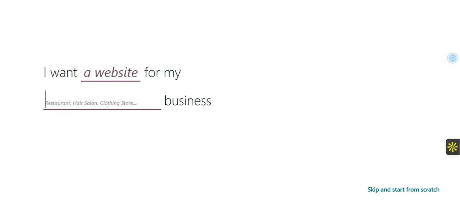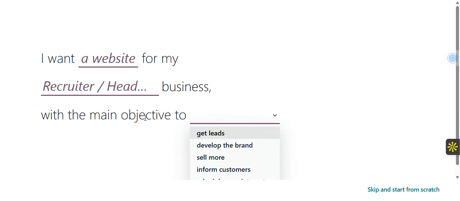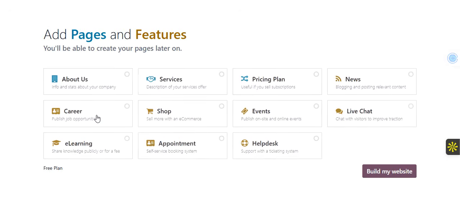I want a website. So it is asking me the category, what sort of category you're looking onto. So I'll simply write recruitment. If it comes, I'll be choosing recruiter, headhunter with the main objective to get leads. Here it is asking me about the color palette. I'll be choosing this one.